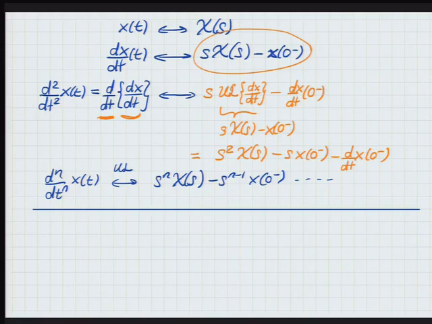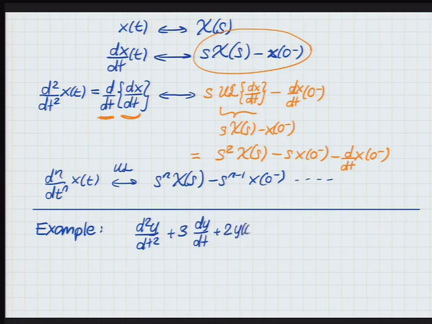So you're not responsible for that method in this course, but I'm going to give you an example and remind you of doing it that way, and then go to the alternative which you are responsible for using, the unilateral Laplace transform. And here's my example. The example is we have a second order differential equation, d squared y over dt squared plus 3 times dy/dt plus 2 y of t equals e to the t.